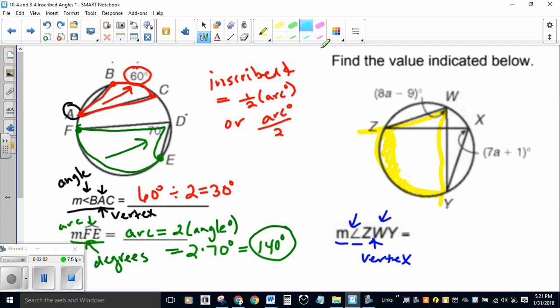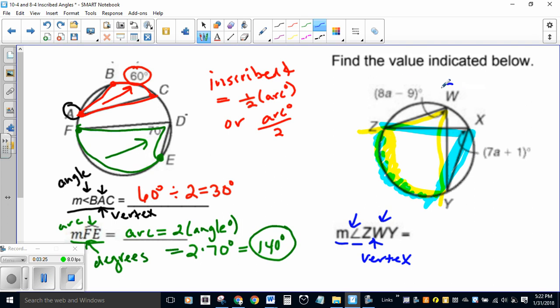So the only other chords or line segments in the circle are these line segments right here. And it also intersects the same arc, ZY. And our theorem says if they intersect the same arc, then the 2 are congruent.